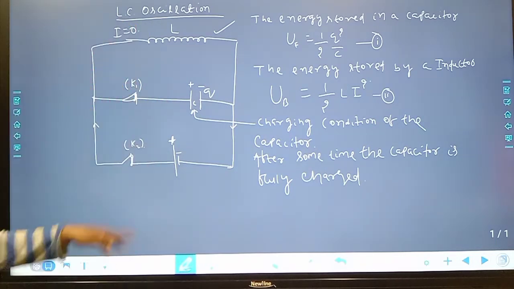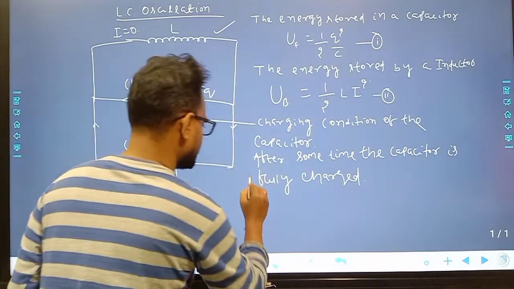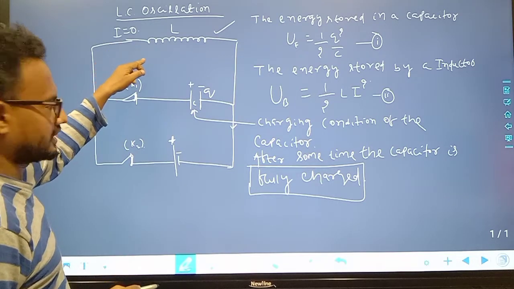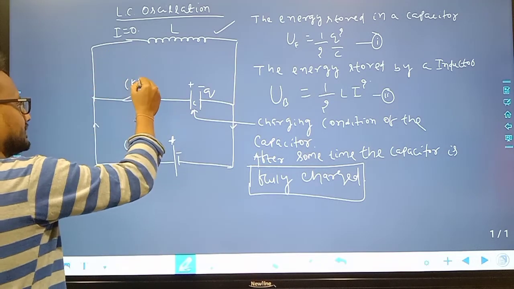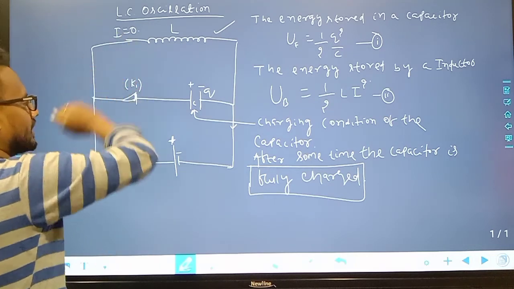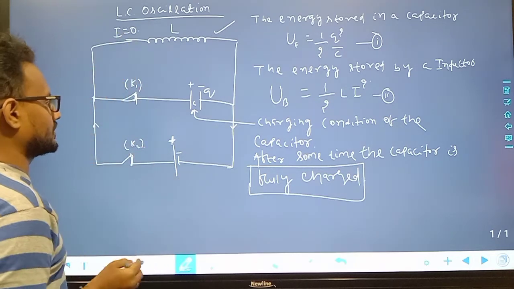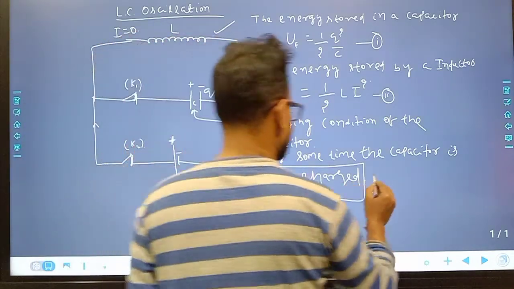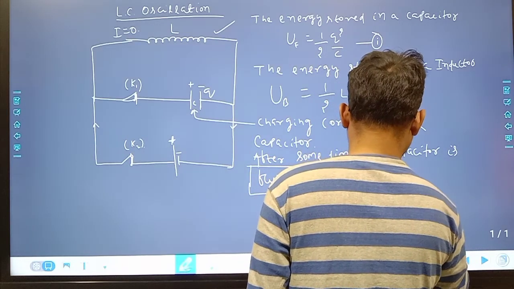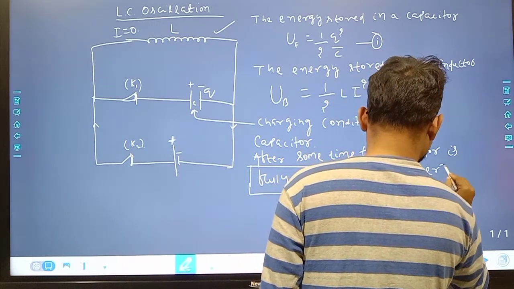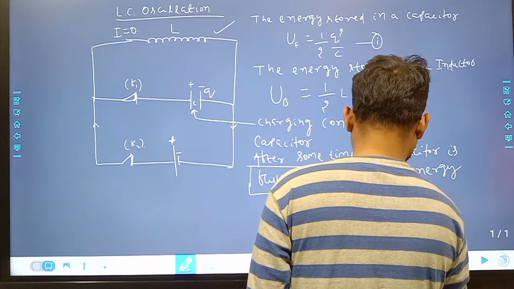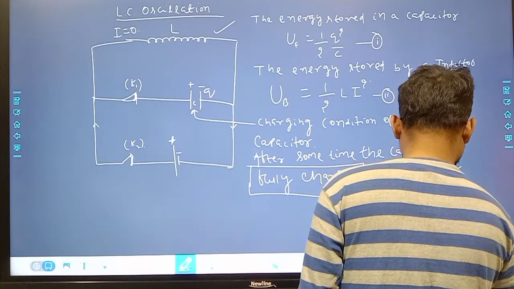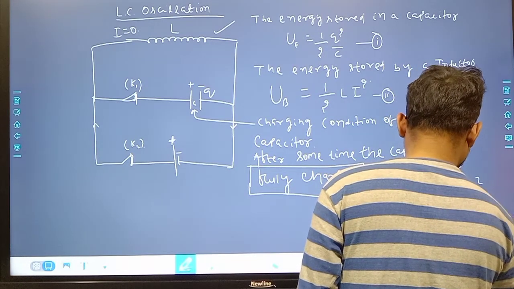When the capacitor is fully charged, the current in the circuit is 0. When K1 is open, the current is equal to 0. So the total energy stored in the capacitor is U equal to half Q square by C.